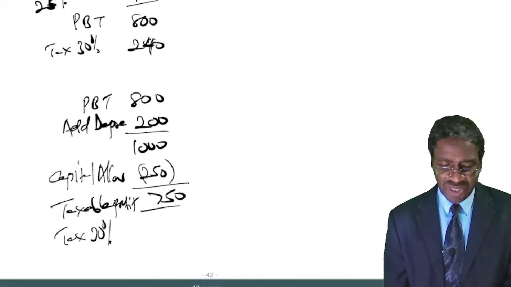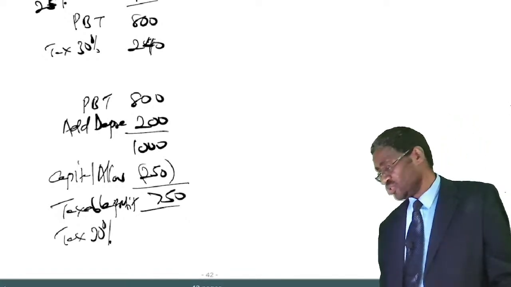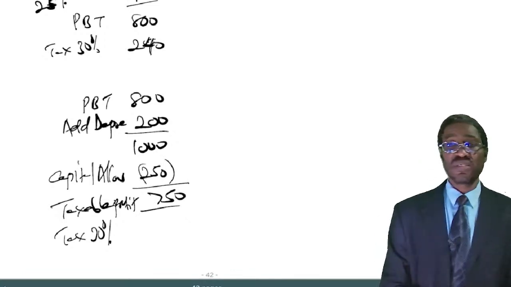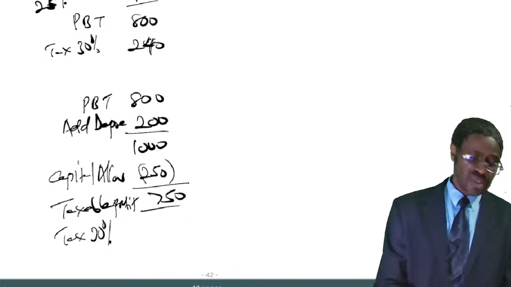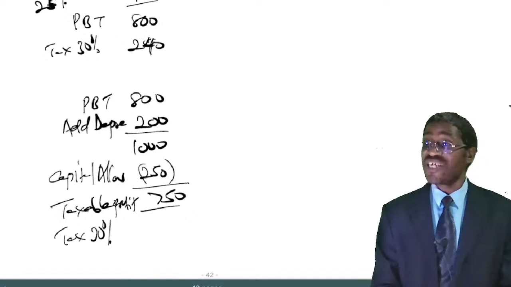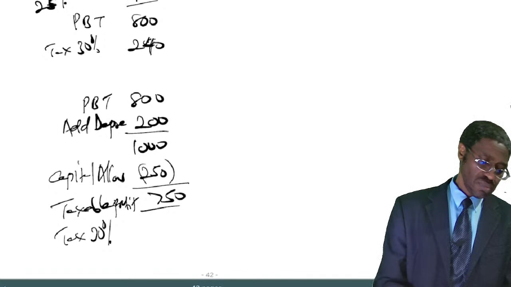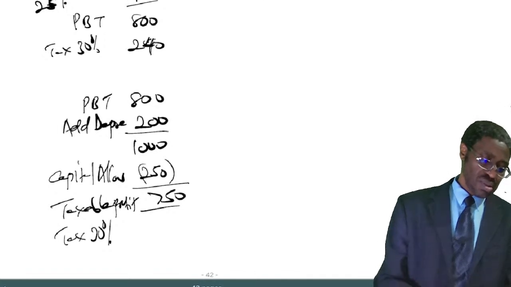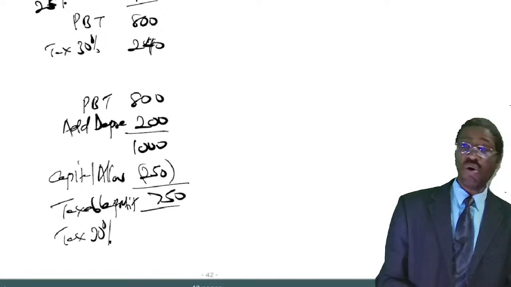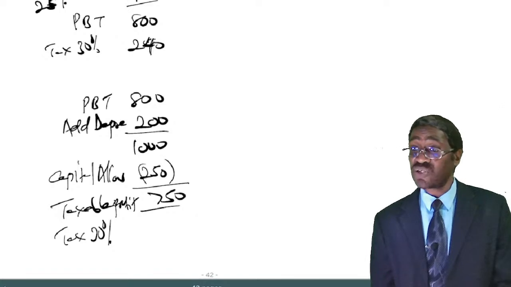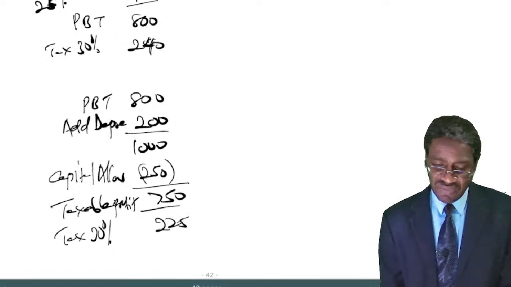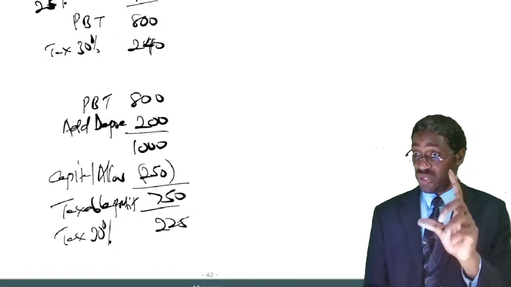At 30%, 30% of 750, he will require I pay him tax of 225. That's what he will require I pay.